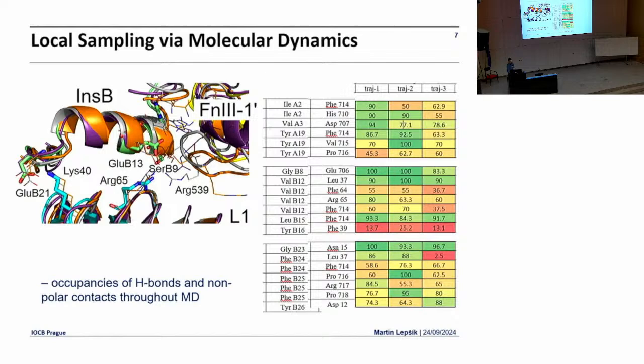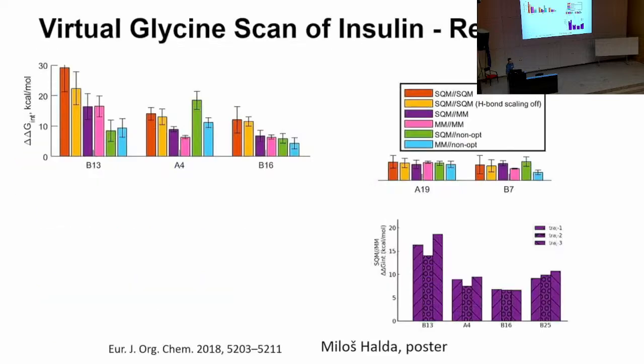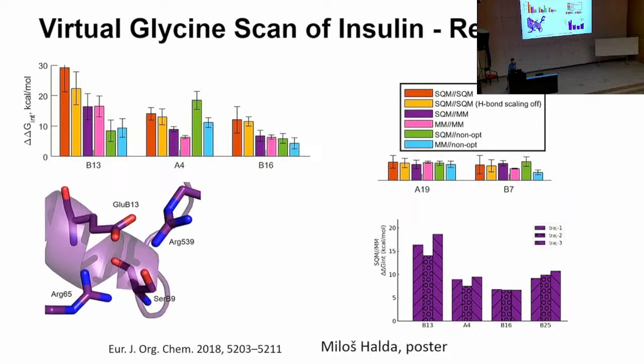So what to learn from this? We wanted to quantify how individual residues contribute to the binding. So here B13, A4, B16 are amino acids from the insulin, where we did a so-called virtual glycine scan. What does that mean?